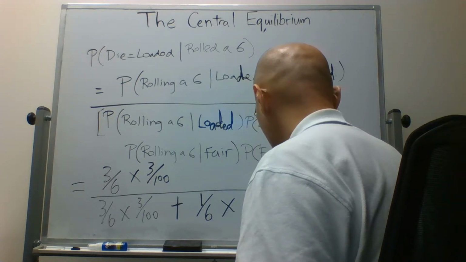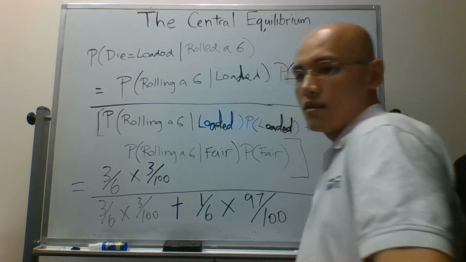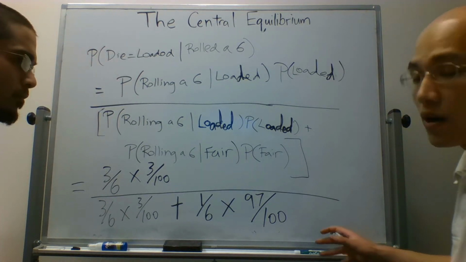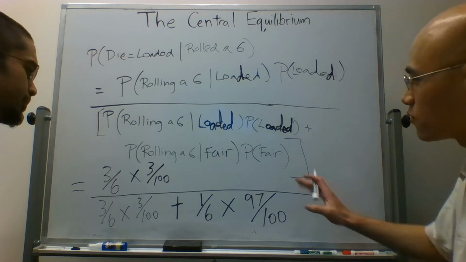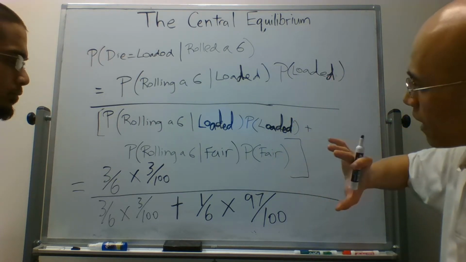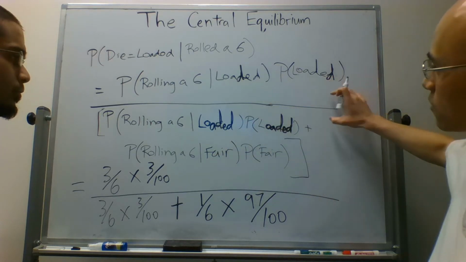That right there is the hard part. We've now applied Bayes' theorem by plugging the numbers into this formula.